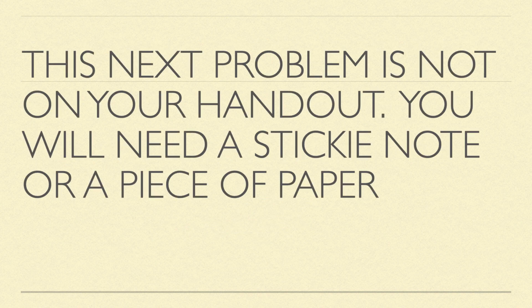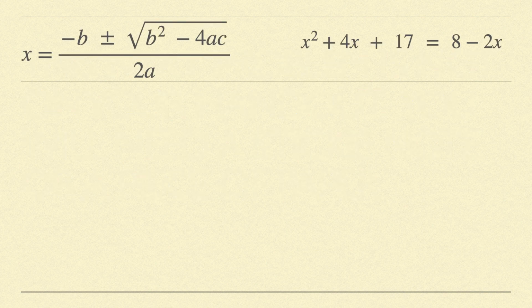All right, the next problem is not on your handout. You will need a sticky note or a piece of paper to write it on. When you have your sticky note or your paper, come back. So this is the problem. X squared plus 4x plus 17 equals 8 minus 2x. So the first thing we have to do is set it equal to 0.